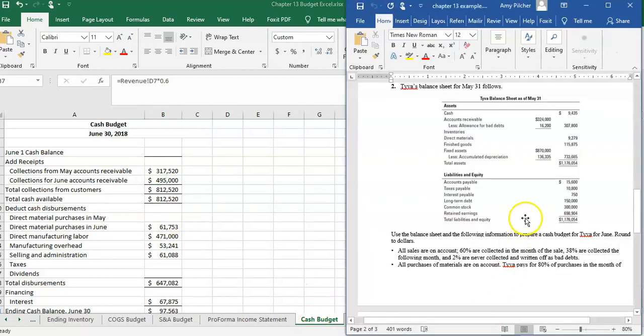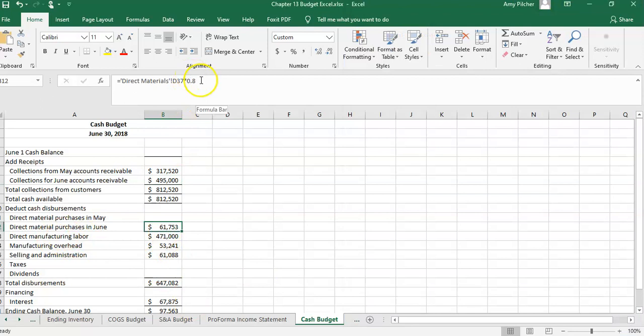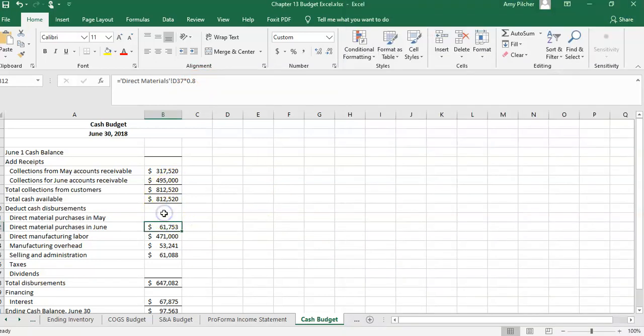Then we also need to figure out what our purchases are. All purchases of materials are on account. We pay 80% in the month of the purchase and 20% in the following month. So for June, we have 80% of the direct materials budget. What I need now are the accounts payable from May's purchases.